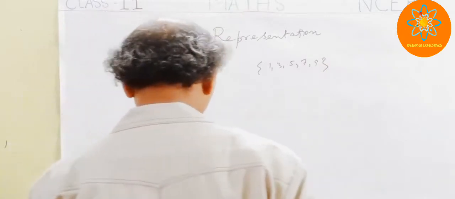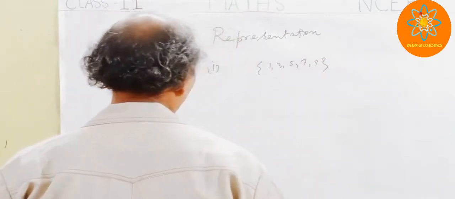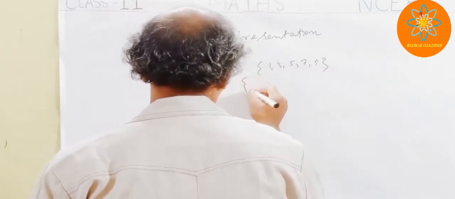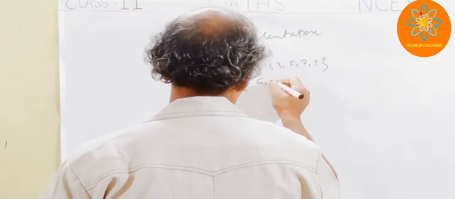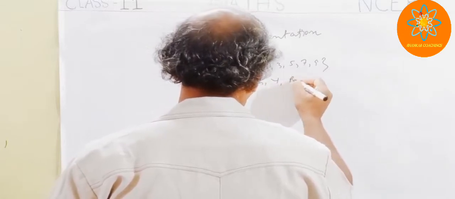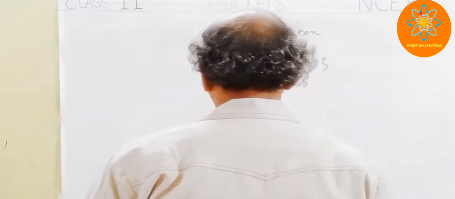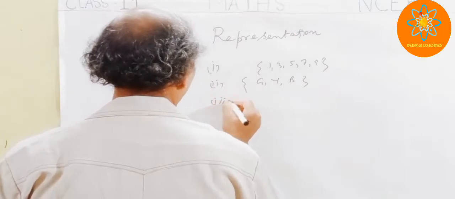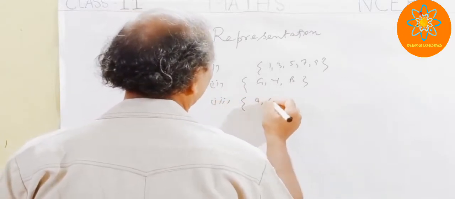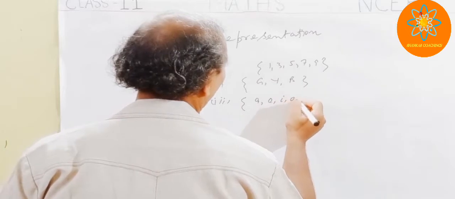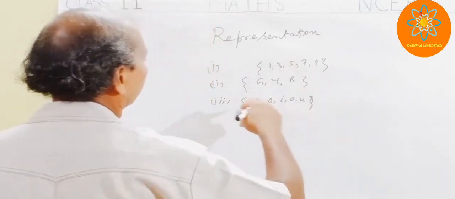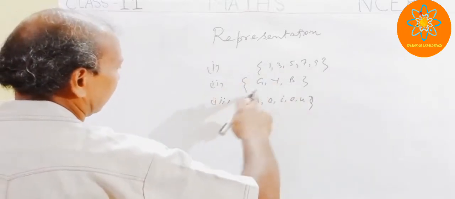Or we have the rivers of India, let's suppose Ganga, Yamuna, Brahmaputra, like this. Or we can say the vowels. So I can represent the vowels also, like A, E, I, O, U. So this is how sets can be represented.